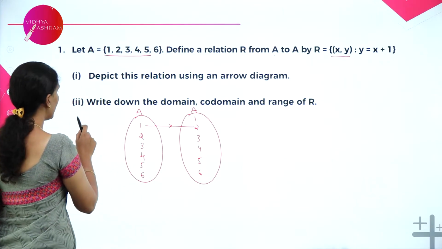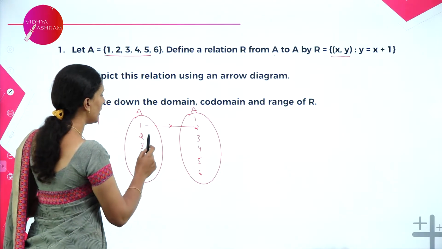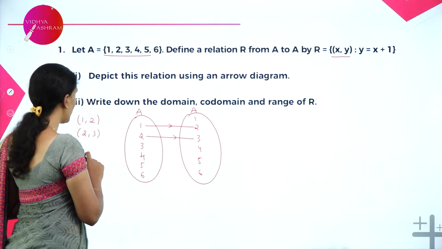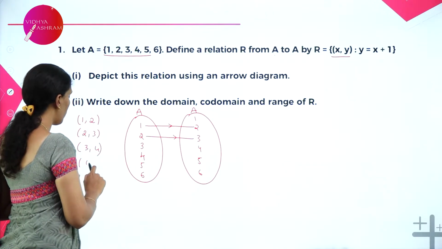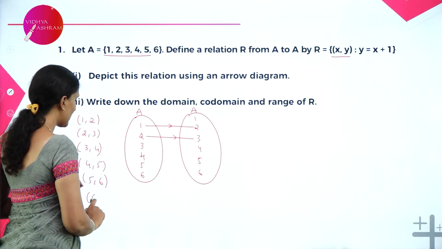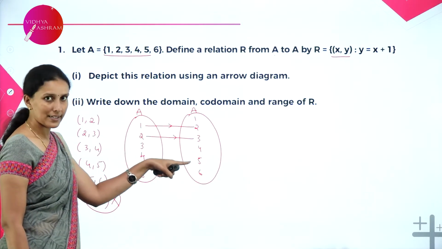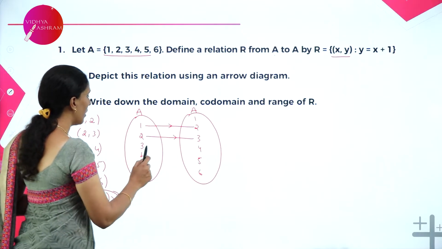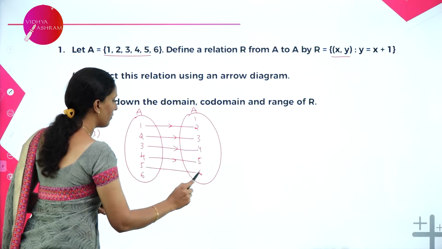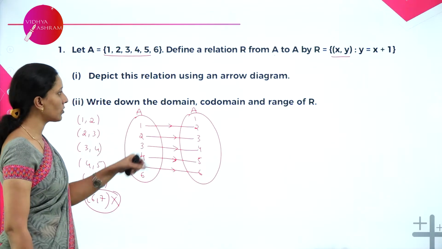Next, I will take x = 2, then it is 3, so the pair is (2, 3). The next pairs are (3, 4), (4, 5), (5, 6). And the next one, we will get (6, 7). We cannot take this because 7 is not inside set A. So thus, we have the relation 1 goes to 2, 2 goes to 3, 3 goes to 4, 4 goes to 5 and 5 goes to 6. This is how we write the relation with respect to an arrow diagram.